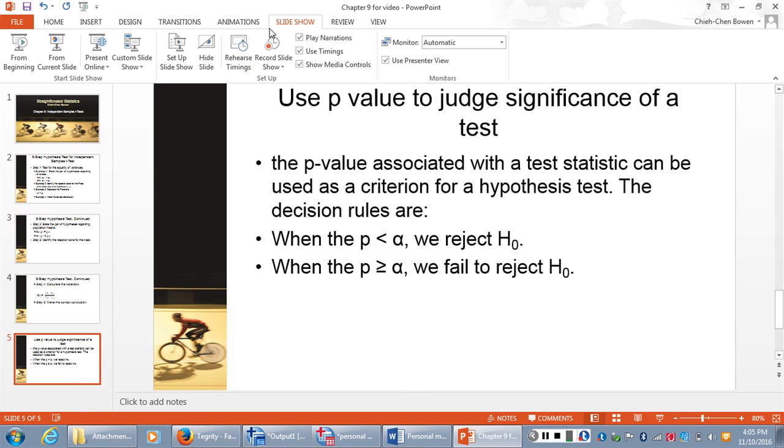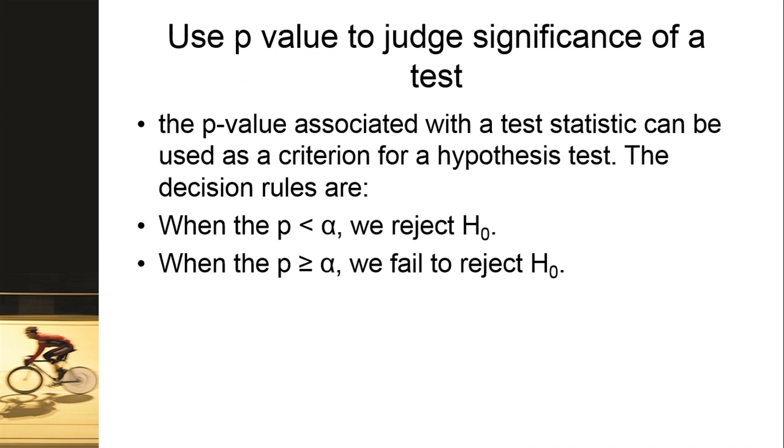In SPSS, it actually calculates the p-value associated with that particular test, and that makes judging the significance of a test much, much easier, because for any kind of statistical procedure, the software always provides you with the calculated p-value associated with that test statistic. And the decision rules are all consistent.